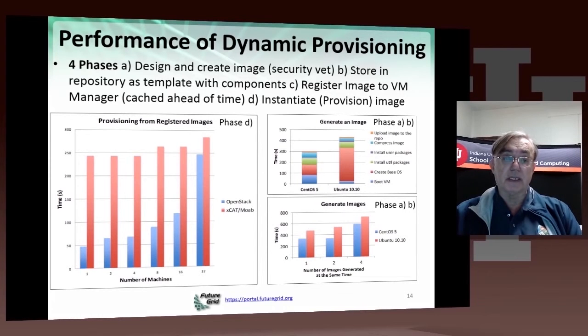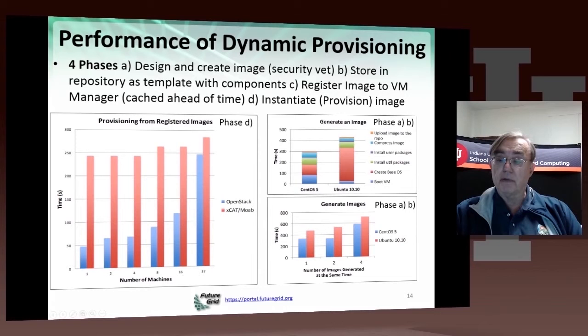So that's phase D. Because you have to boot the image, the time for the HPC environments is somewhat longer for smaller numbers of nodes than the virtual machine case. So that's why the blue rises with number of nodes. The pink has a fixed concurrent booting, which tends to make it roughly flat as the number of nodes increases.